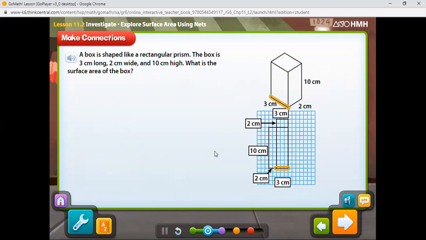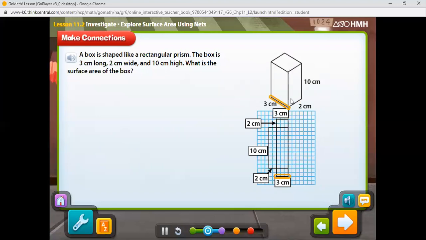This face is 3 centimeters long and 10 centimeters high. What would this face look like on the net? It's the same as the rectangle on top.